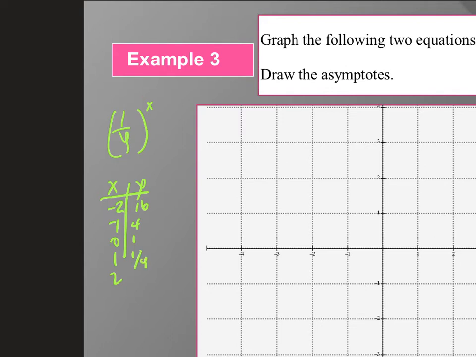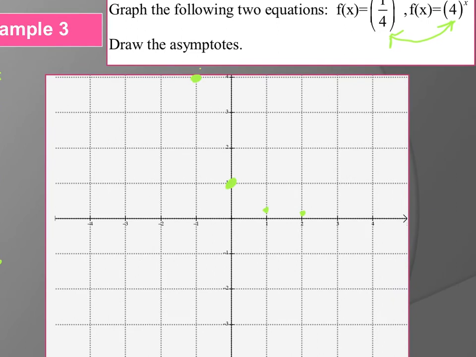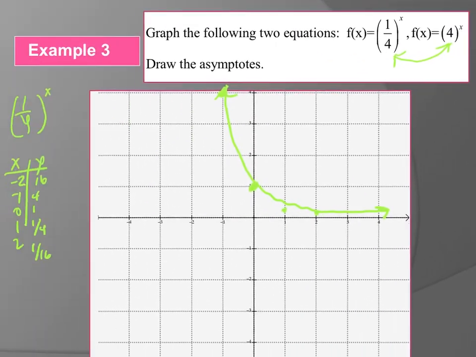Then I have 1/4. Then I have 1/16, right? So when I graph this, I'm going to start with 4 just because the graph is weird. At -1, 4. Then I have 0, 1. 1, 1/4. And then 1/16. So it's like this, a decay. We said at the beginning it was a decay because it's a fraction. It was less than 1, so I know it's going to be going downwards.